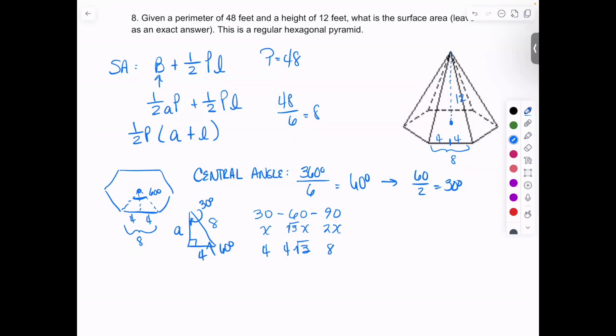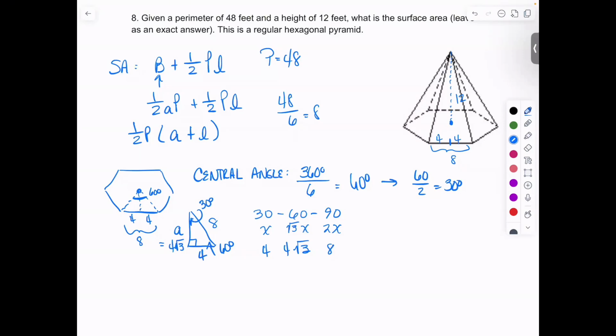So A has to be 4√3. This is a lot of finagling to get this value, but again, we took our central angle, broke it down to the angle of one of our right triangles, and then found that apothem. Our apothem is now 4√3, and I used what I know about our 30, 60, 90 triangles and what those ratios are.